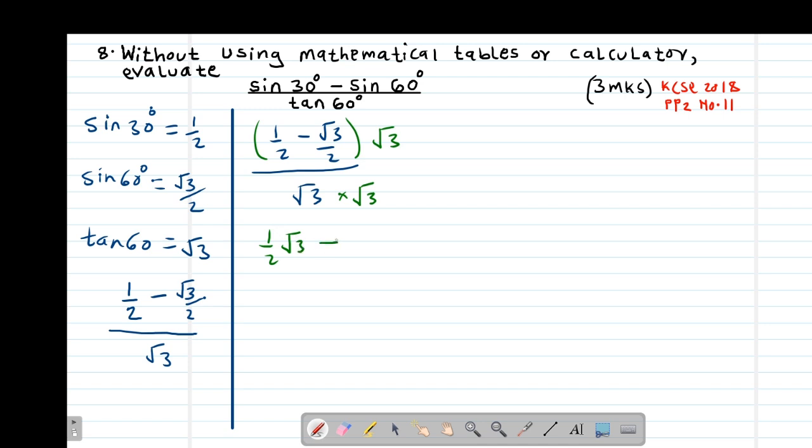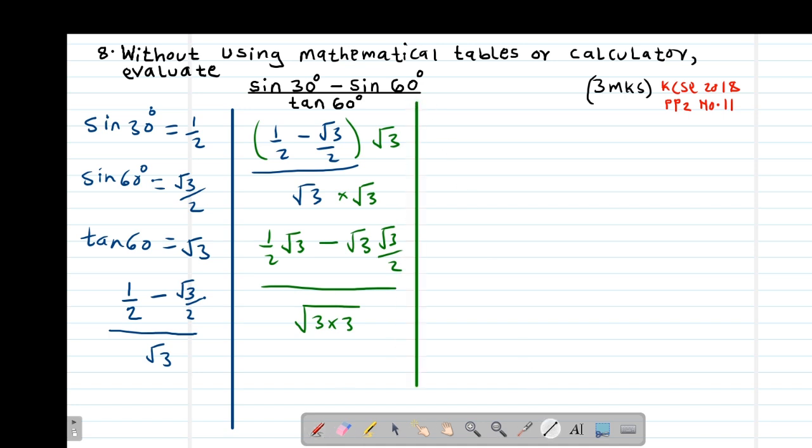A half times root 3 gives a half root 3, that is root 3 over 2, then minus root 3 times root 3 over 2. Root 3 times root 3 is the root of 3 multiplied by 3, which is root 9.